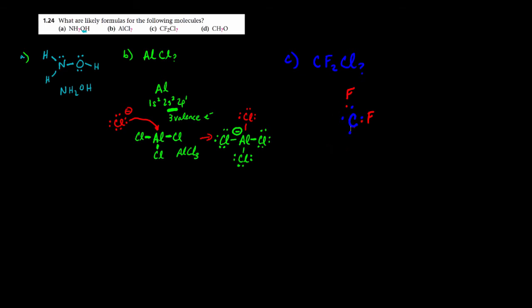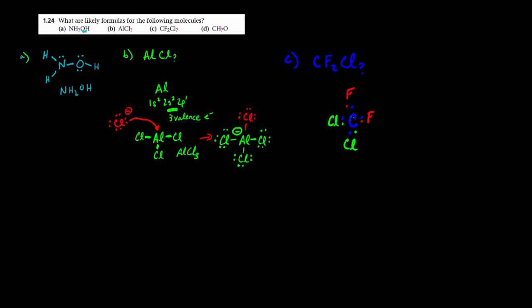We still have 2 vacant sites essentially on carbon that can bond with something. And in this case, we're being asked to figure out how to get chlorine around there. So if we put 2 chlorine atoms, this looks like a happy molecule where carbon has a full octet. Let's count all the electrons, 2, 4, 6, 8, 8 electrons around carbon.